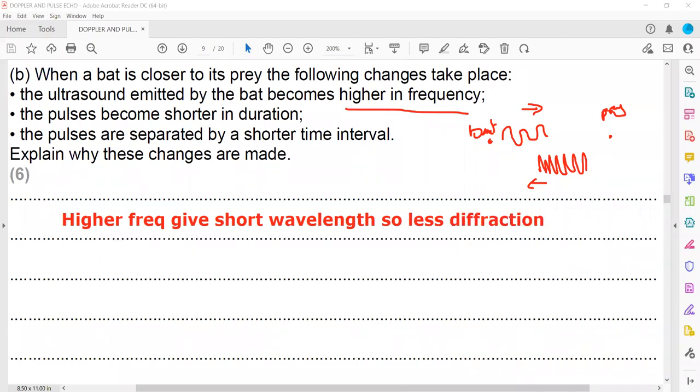Then the pulse duration becomes short. So if we have a shorter pulse, like the pulse which is emitted out, the length of the pulse is shorter.